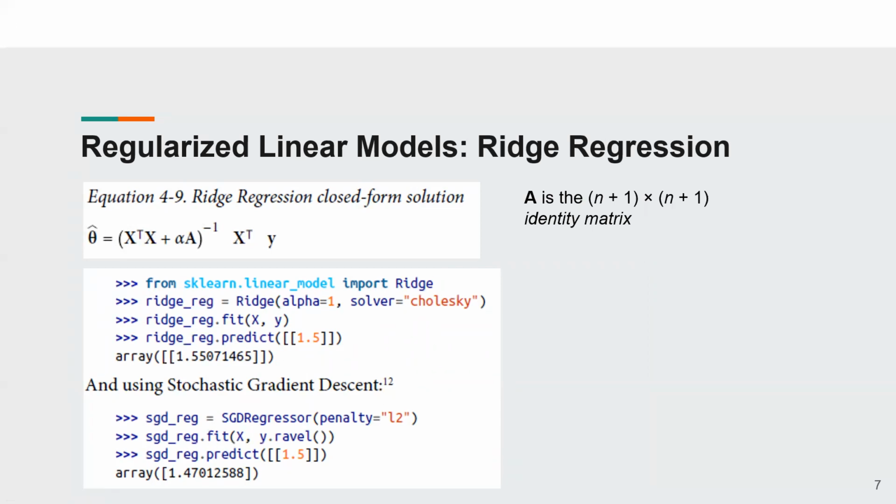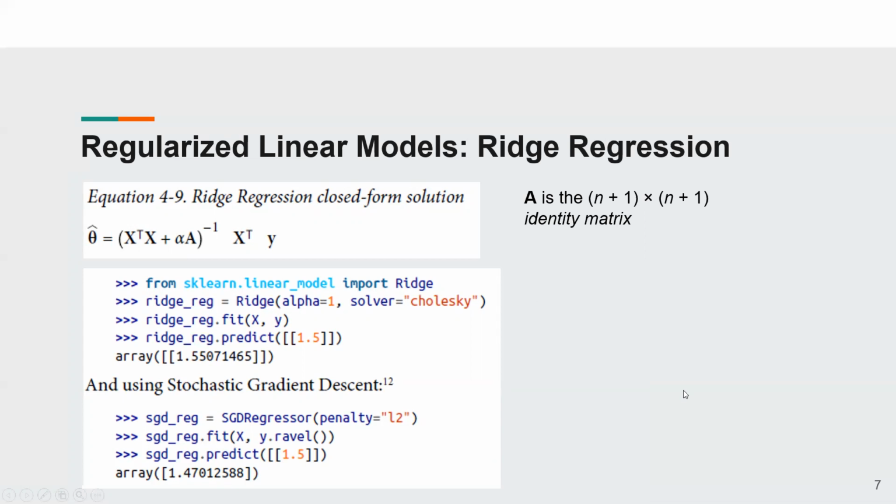With ridge regression, because of that extra term in the objective function, the theta estimate has an extra term as well: x transpose times x plus alpha A. This alpha A is unique to ridge regression compared to regular linear regression. A is an n plus 1 by n plus 1 identity matrix, and alpha is the hyperparameter that we just introduced.